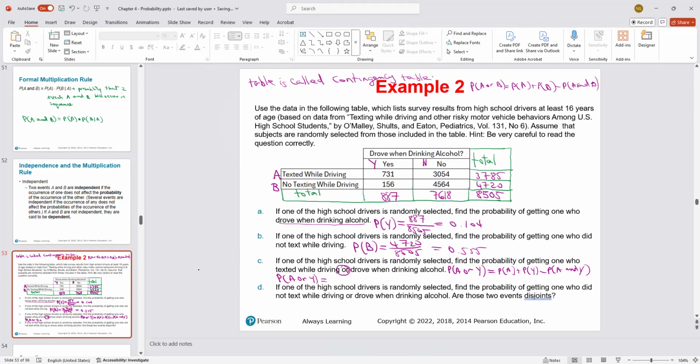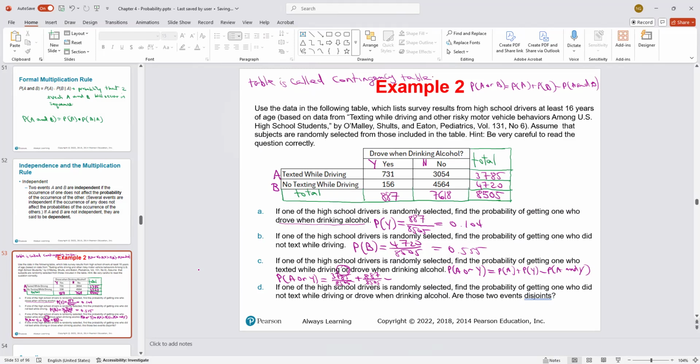What is the probability of one who texts while driving? Text while driving, you see that big number is 3785 over the big total, 8505, plus probability drove when drinking alcohol is 887 over 8505 minus the intersection of these two.